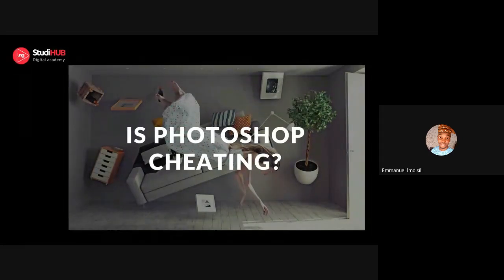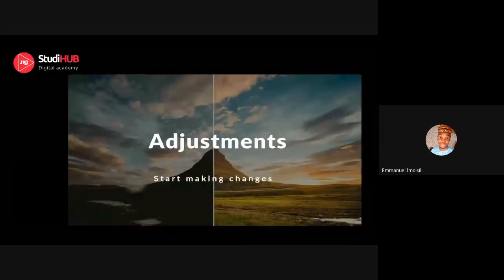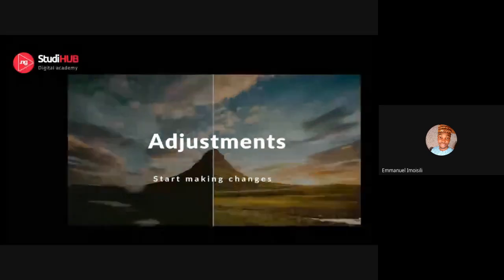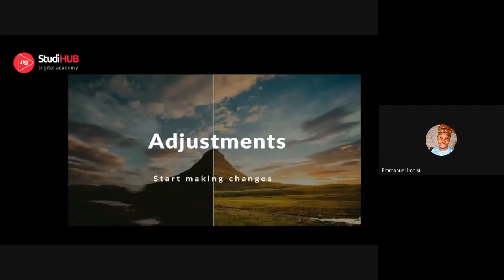So now we're going to bring it to the topic we have today, which is adjustments. Remember last week I told you guys I'm going to talk about adjustments, color adjustments, and tonal adjustments with Photoshop. This is very important because in most of your designs, especially when you're working with pictures, you can make little adjustments using Adobe Photoshop. These adjustments are important.